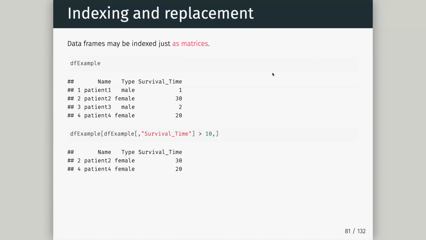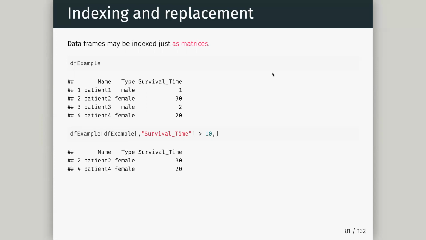So data frames can largely be indexed just as matrices. So if this is our data frame, now I want to quickly pull out just the rows where we have patients with survival time above 10. I can do data frame, square brackets, pull out the survival time column, and check which values are above 10.